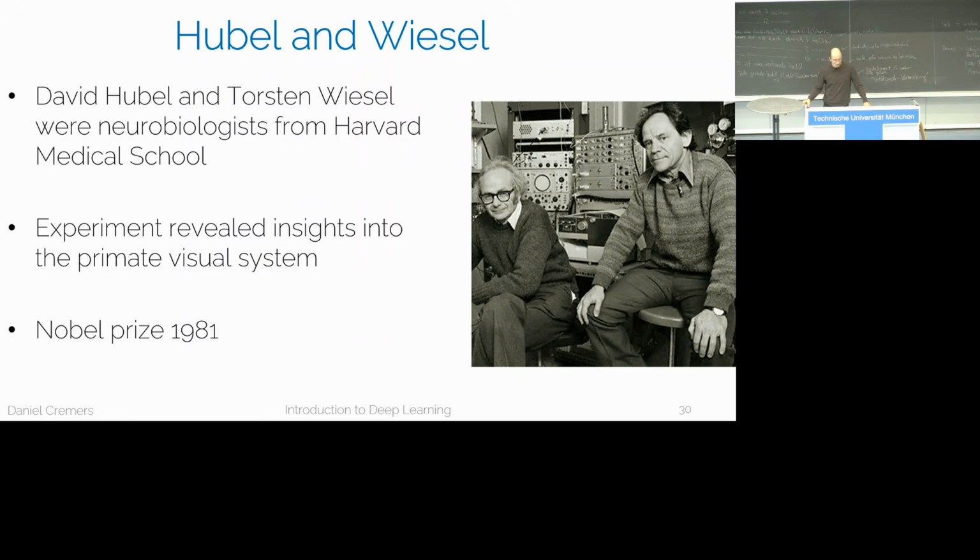You may not want to overrate Nobel Prizes, because a lot of people do a lot of things and some end up with the Nobel Prizes and others don't. These are David Hubel and Torsten Wiesel. And what they developed were techniques to understand and to reveal insights into the primate visual system. Work that they started in the 50s and that ended up in a Nobel Prize in '81.